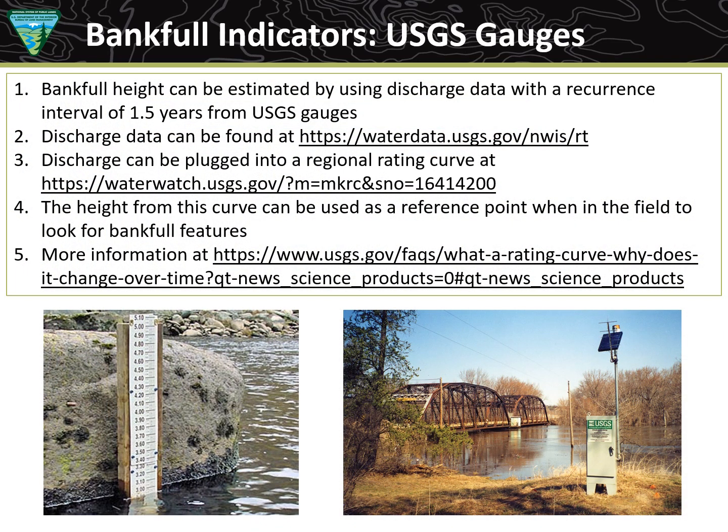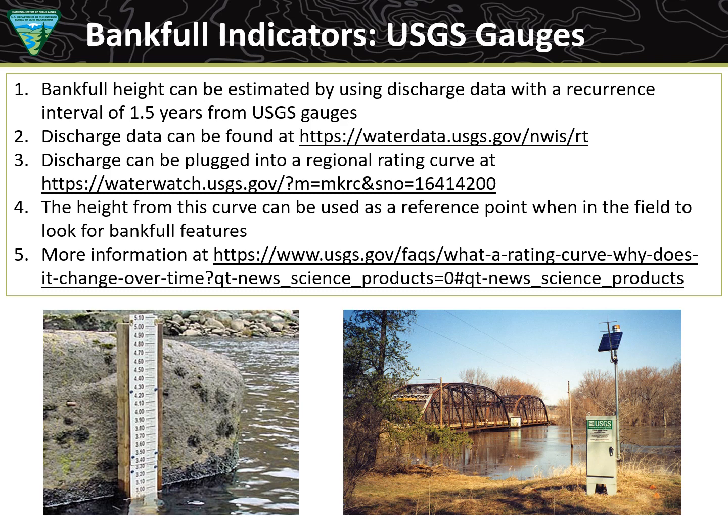Another way to estimate Bankfull height is to use data from USGS gauges. This method is only available where consistent gauge data are present, but can be very useful where data exists. Before data are taken in the field, Bankfull height can be determined in the office on the USGS website at waterdata.usgs.gov by calculating the discharge with a recurrence interval of 1.5 years.